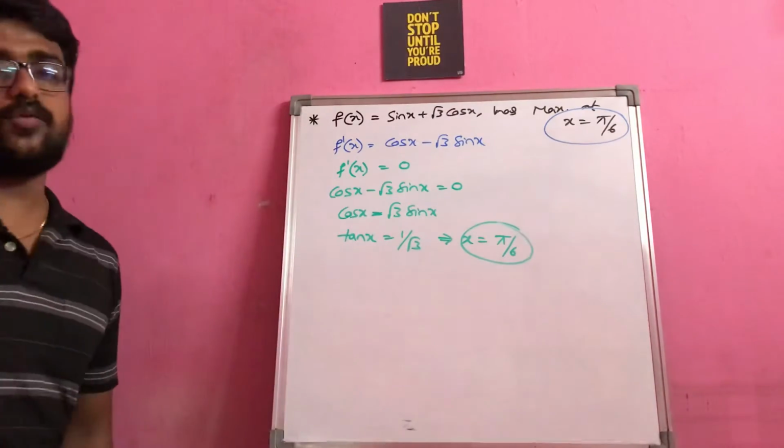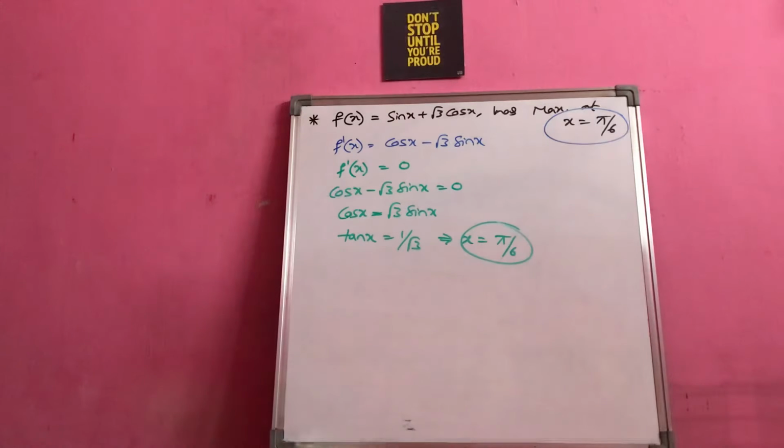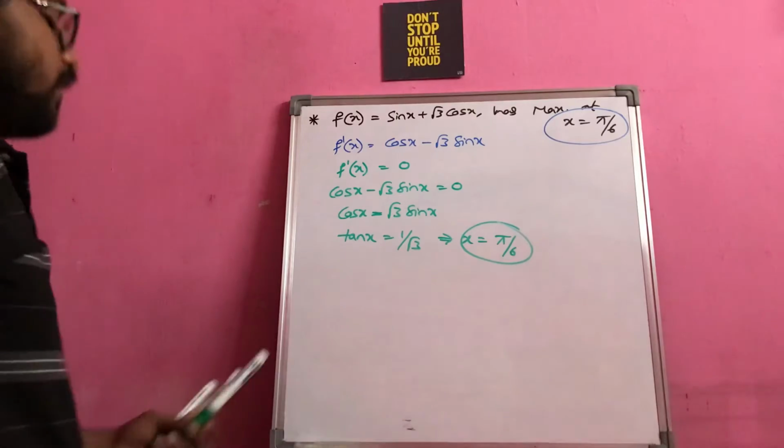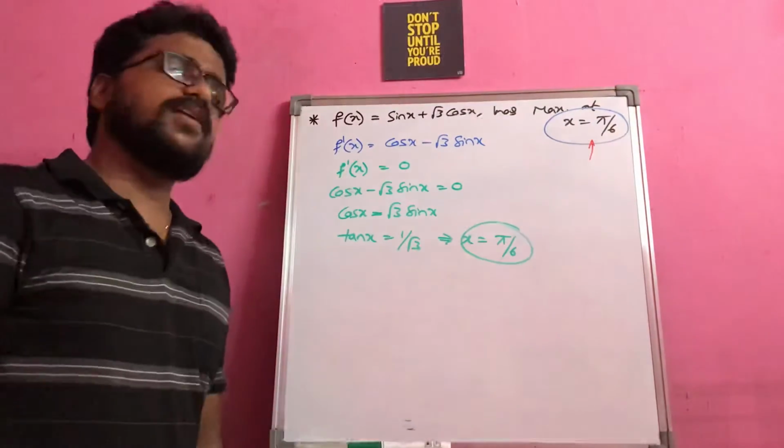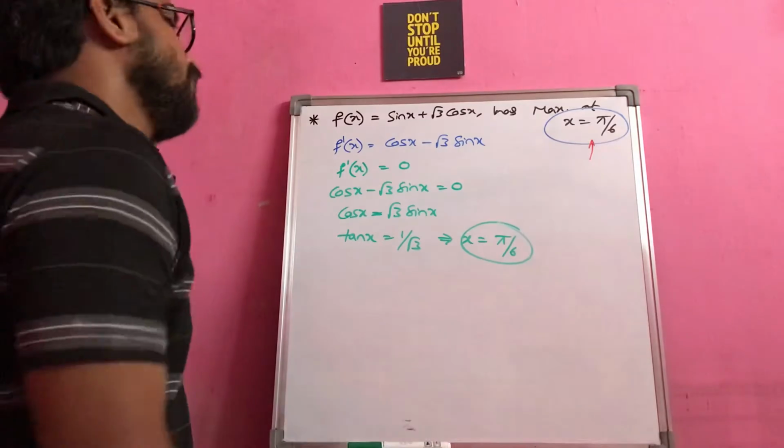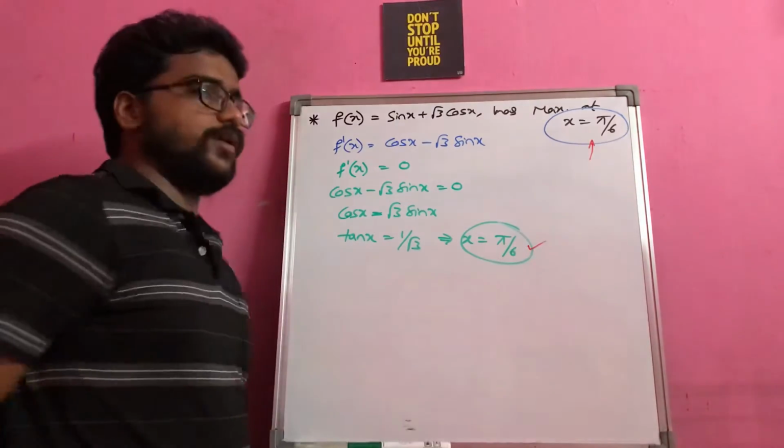This is the reason why they specified the point x is equal to pi by 6, because as we already discussed, only at the turning points can you see a change in behavior of a function. That is the reason you can see the maximum at this particular point, because that will act like a turning point, simple as that. So x is equal to pi by 6 we got.